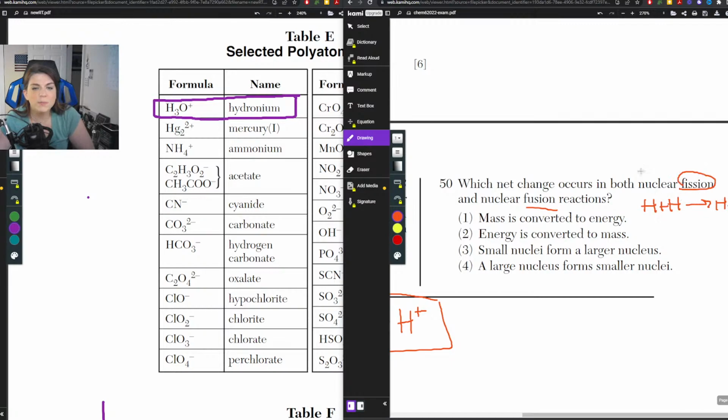Fission is when you have something real big like uranium, and then you'll hit it with a tiny little neutron, and it's going to break apart into mid-weight elements like strontium and barium. So they're opposite. So we will not have small nuclei and large nuclei. That's not the same between them. What is the same is that we have a small amount of matter converted into a large amount of energy.